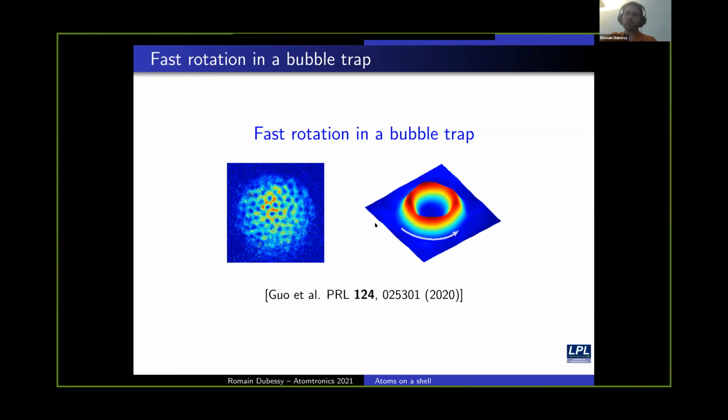Now I would like to show you that we will be able to explore a peculiar rotation regime where the vorticity somehow gathers in a central hole and forms what we call a dynamical ring, that is a ring shape stabilized by the rotation.